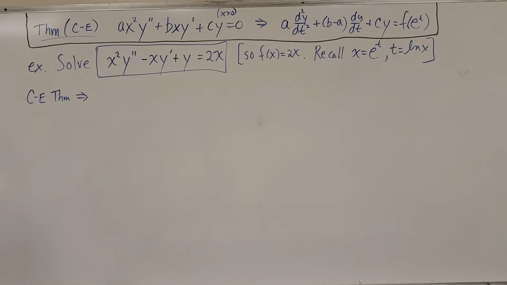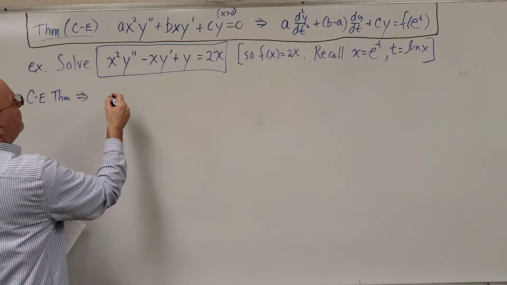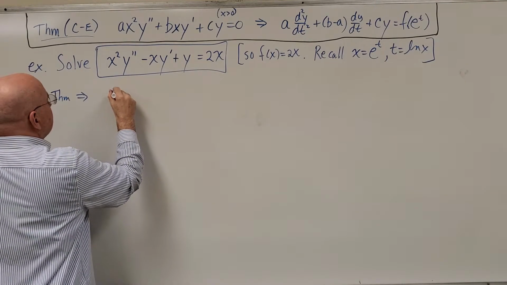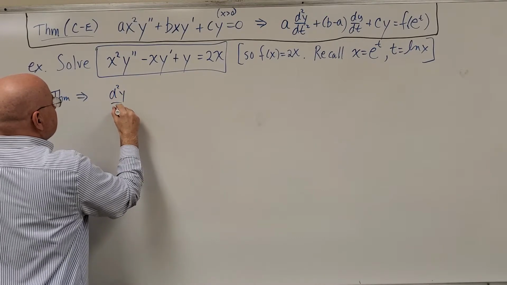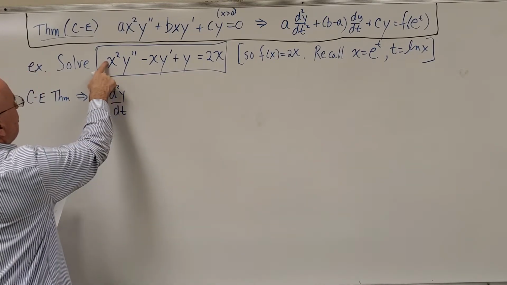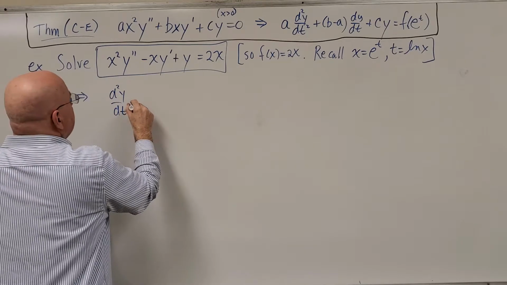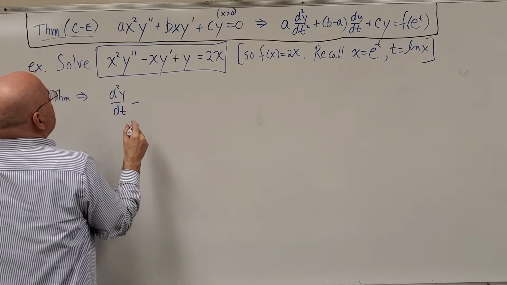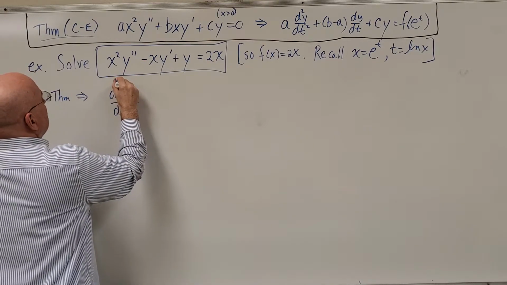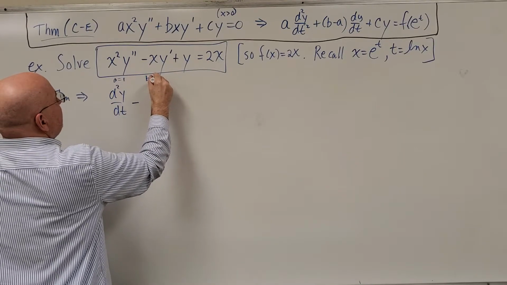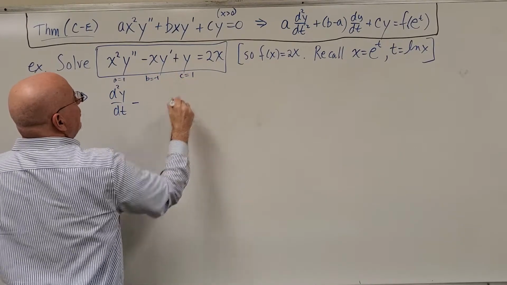So for the Cauchy-Euler theorem, I want to prove, it'll be d squared y dt squared, and the coefficient is a 1, minus, well, let me write a is a 1, b is a -1, c is a 1.